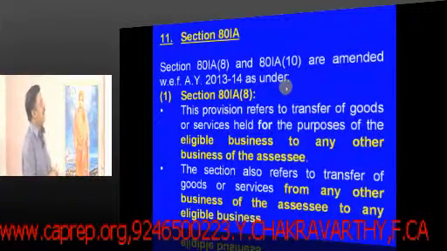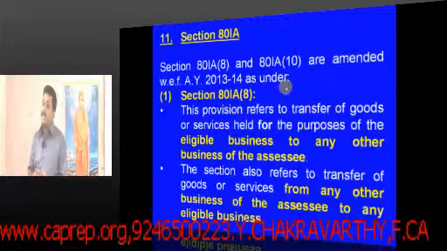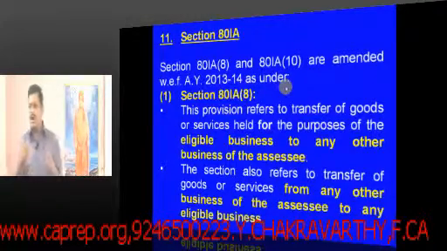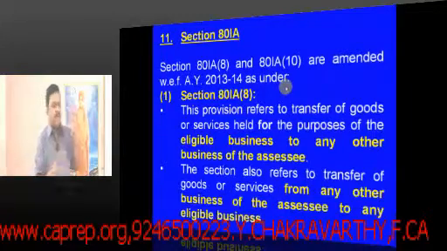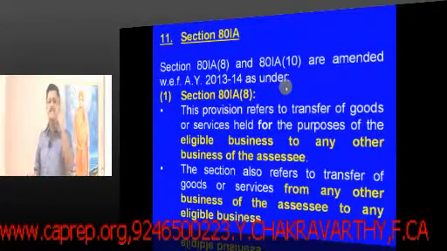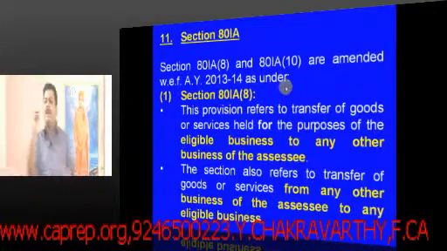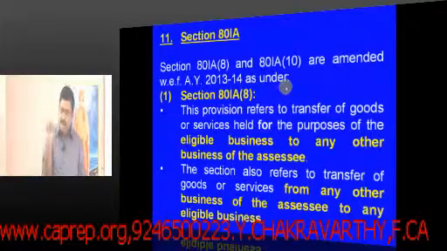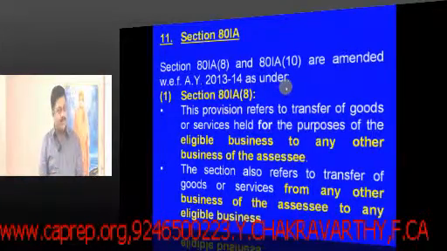Then you have 80IA8 and 80IA10. There also, wherever with a good objective and intention, government is giving any deduction or exemption, if people are trying to defeat the purposive intent of the law, these kind of amendments will come.